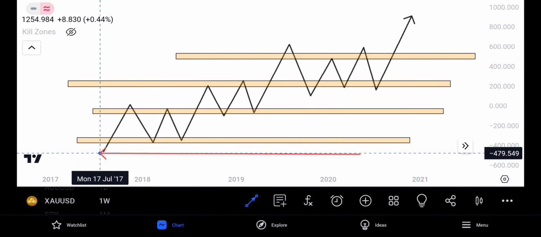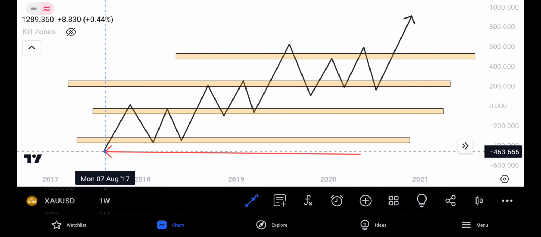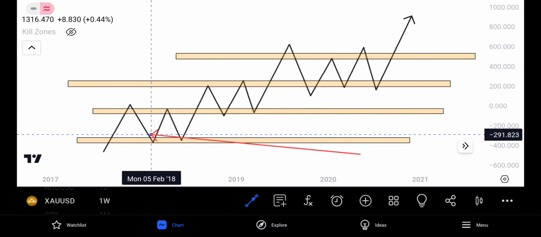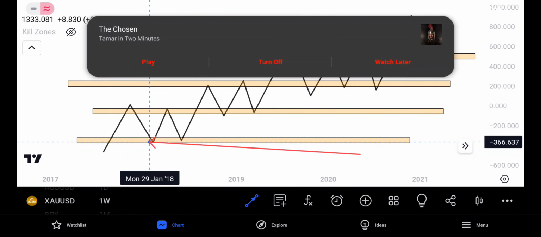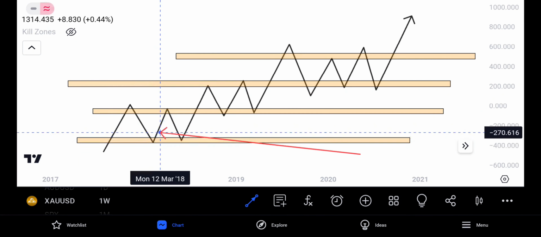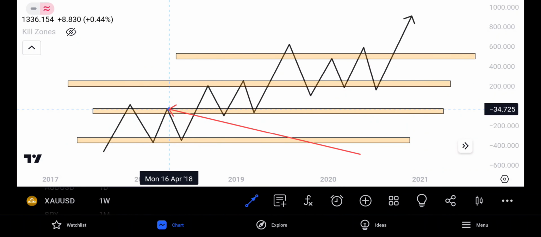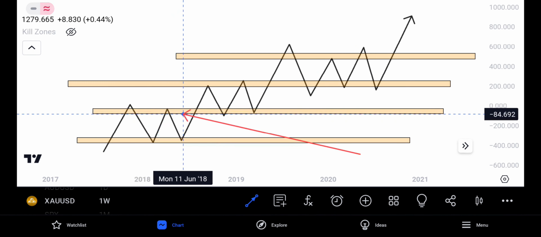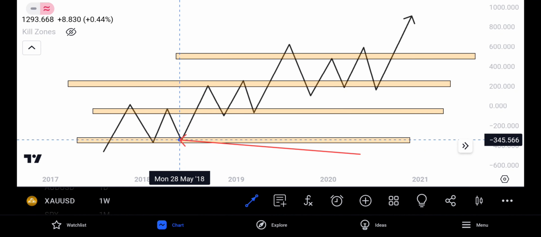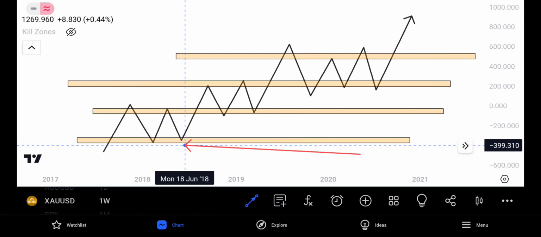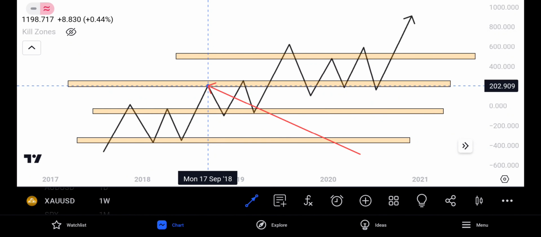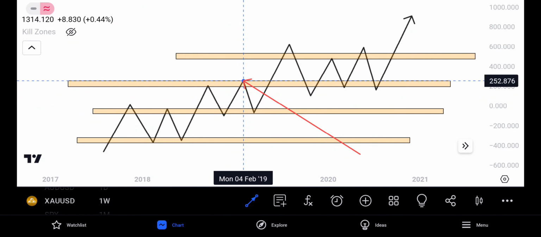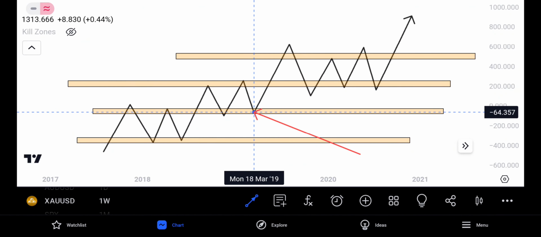So you can see from this point here, price created a higher high, this is a higher high, and a higher low, this is a higher low, right? And you can see after this higher low, there's this range that respected this higher high, and there's also this price range that respected this higher low before moving to create a new higher high, higher low, higher high, higher low.